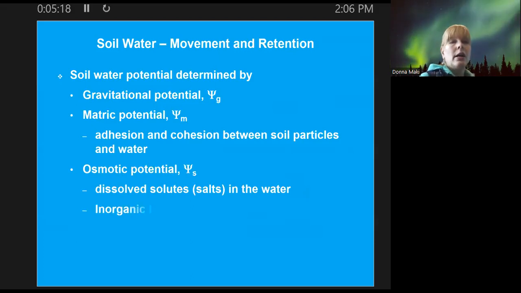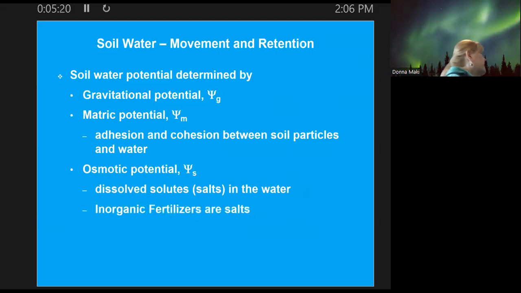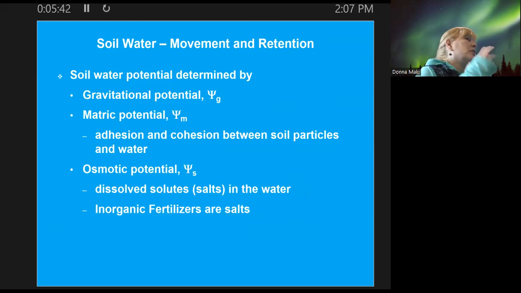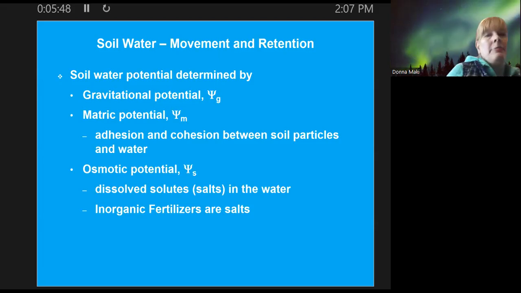But you often need to think about inorganic fertilizers. Remember, when you fertilize your crops, those inorganic fertilizers being used are minerals. They're salt minerals, and so those are solutes as well. Often you might hear someone say we're thinking about the dissolved salt, but in general, solute is the other term to say whatever's dissolved in the water.